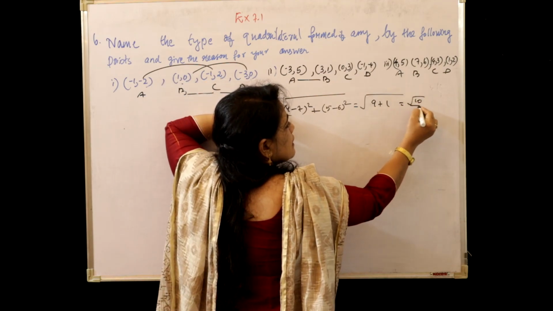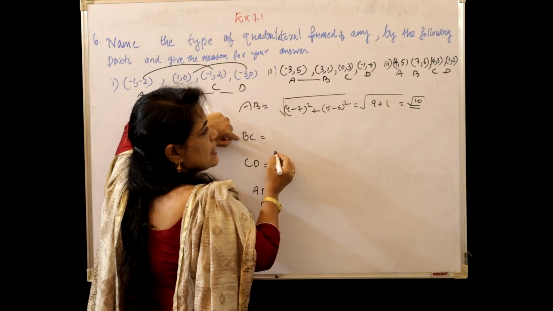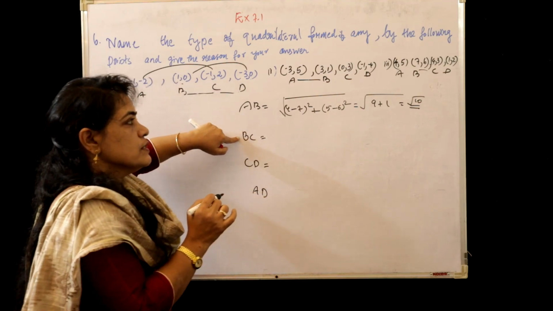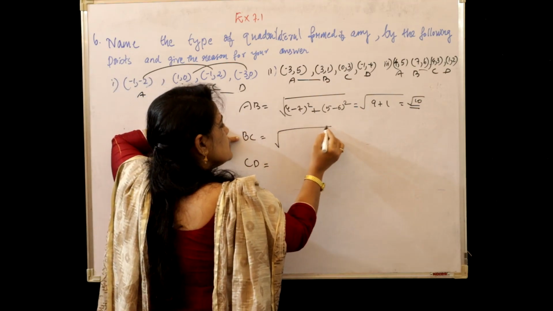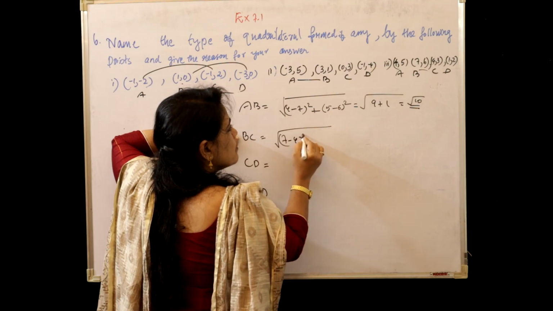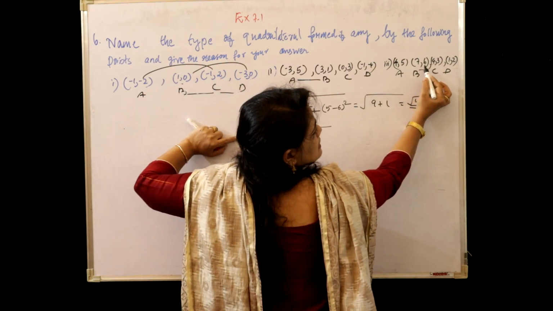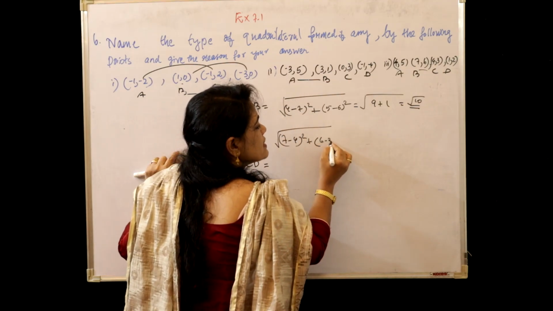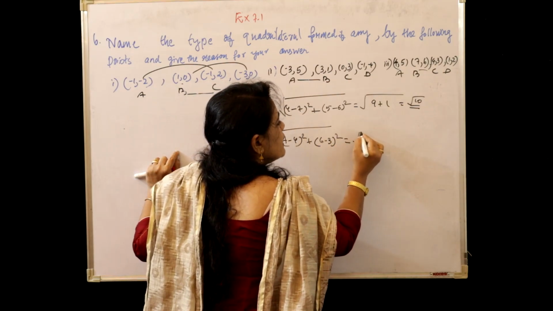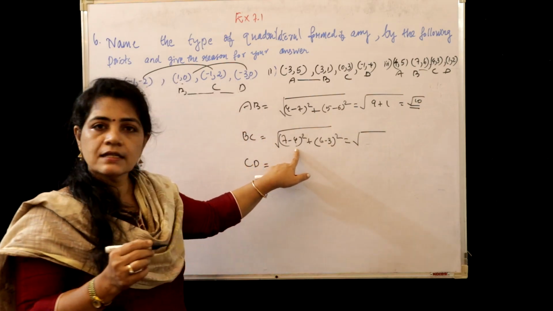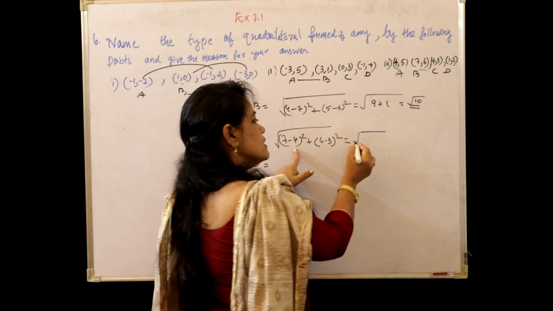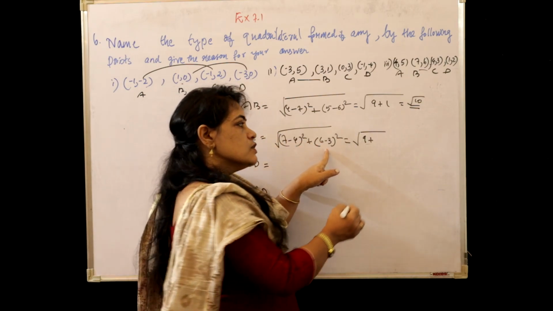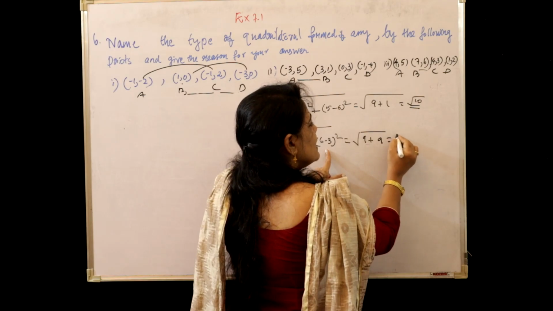root 10. Okay, and BC is 7, 6 and 4, 3, so (7 minus 4) whole square plus here 6 is y1 and 3 is y2, so (6 minus 3) whole square, so you will be getting 7 minus 4 is 3, 3 square is 9, okay, 6 minus 3 is 3, 3 square also 9, so root 18.